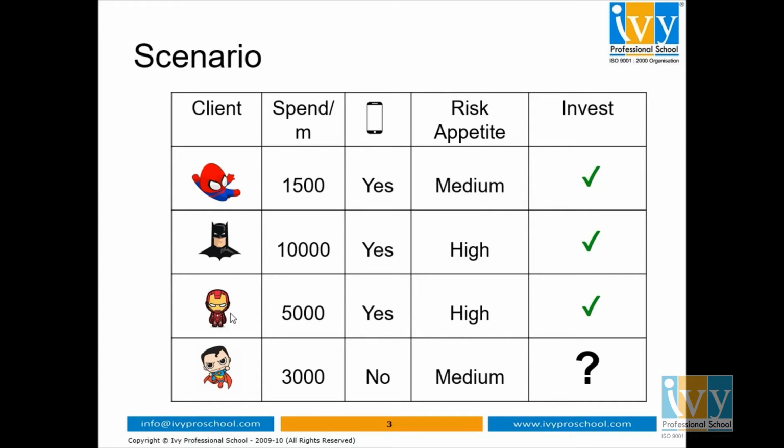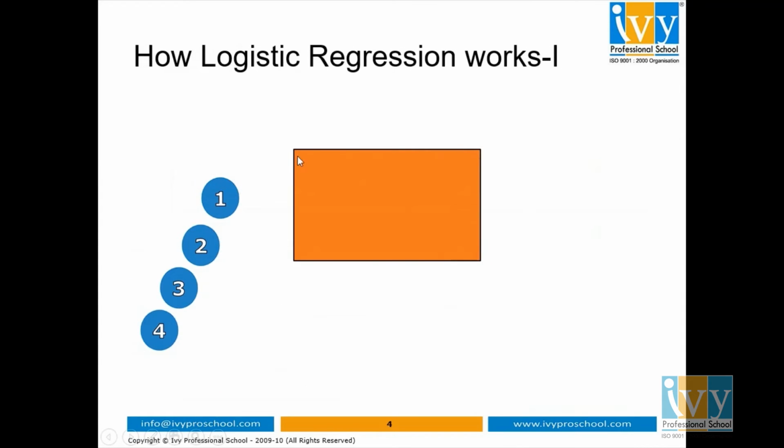This is where logistic regression comes into the picture. Let us work on it together. I will label Spider-Man's record as 1, Batman's record as 2, Iron Man's as 3 and Superman's as 4, and proceed. We have this innocent looking box to which we will feed record 1 and it will learn in the process. We will feed record 2 and it will learn more.